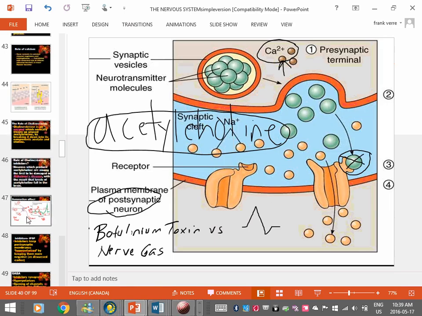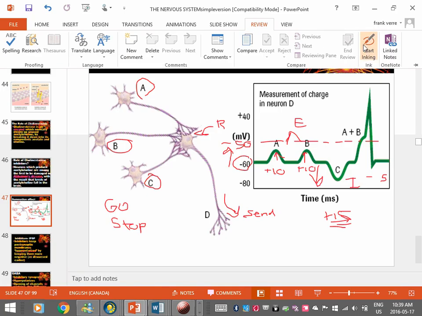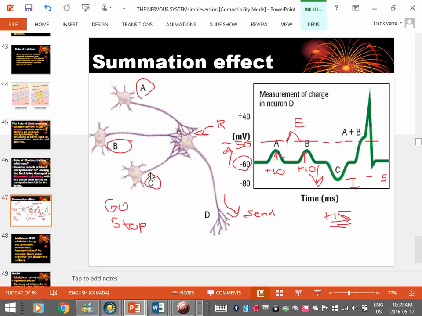Now, not all neurotransmitters work the same way. Okay, I want to quickly point this out because, as you're seeing in this diagram, a neuron does not receive one signal; it could receive many. So look at this picture here. We have three neurons called A, B, and C. And A, B, and C are targeting neuron D. They each send a signal.